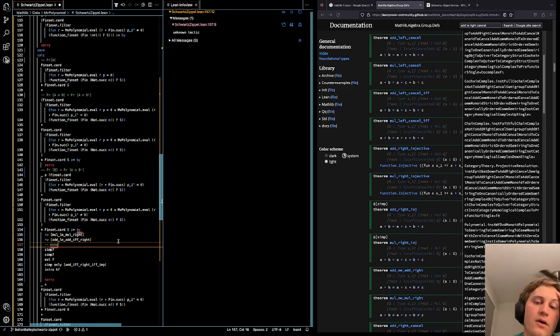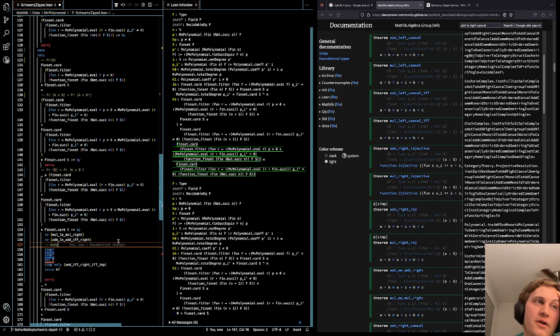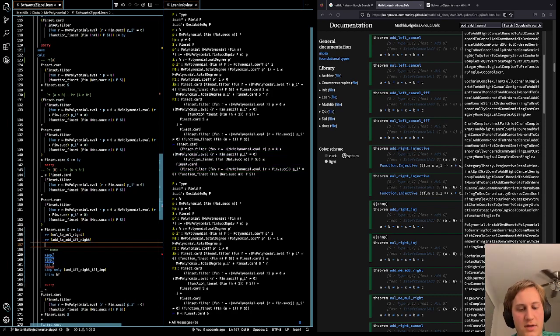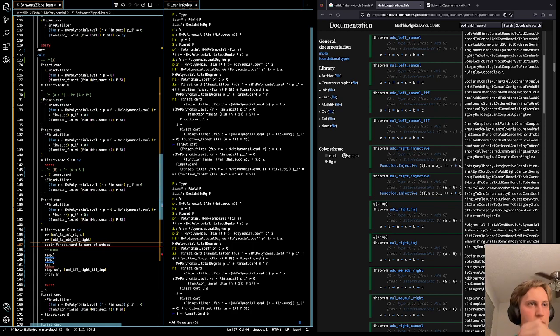There's like cardinality is less than the other cardinality can be inferred from subset. So let's try rewrite. Now this would be an apply. This would be apply inset dot card the card of subset.